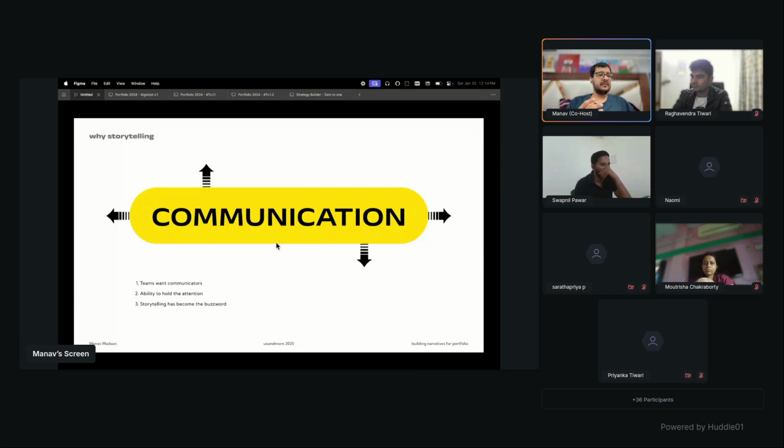Now if there is an expectation, someone needs to meet that expectation. So that is why storytelling has become a buzzword, and now we designers have to learn storytelling as a new tool in our basket.